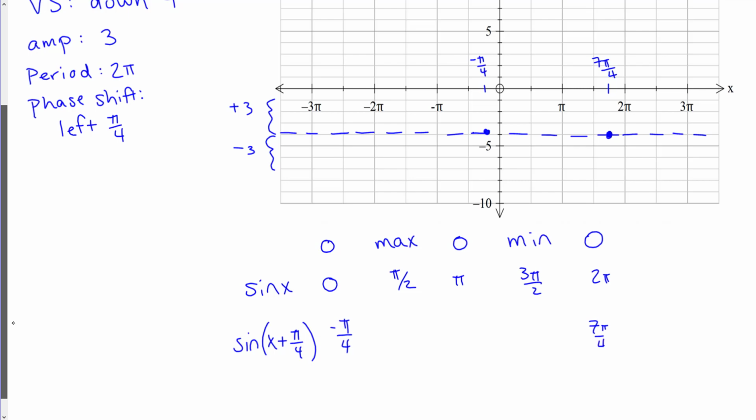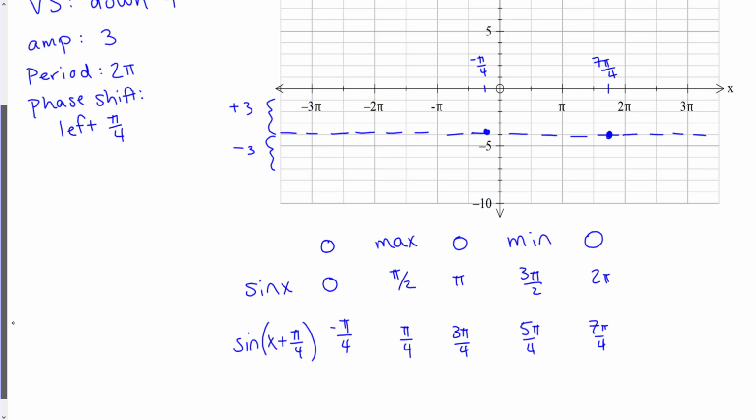We just have to fill out the rest of these. Pi/2 minus pi/4 is going to be pi/4. Pi minus pi/4, you can check with your fractions, but it's going to be 3 pi/4. And then 3 pi/2 minus pi/4 is going to be 5 pi/4.